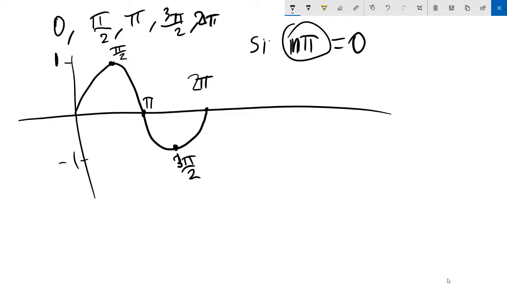The sine of any n pi is equal to 0. So for any multiple of pi, it would do the same thing because it would cycle back. And then for pi over 2, I know that is 1. And for every 2 pi, it'll also be 1. And for 3 pi over 2, it's -1, and every 2 pi, it'll be -1, if you just keep drawing the same period over and over again.